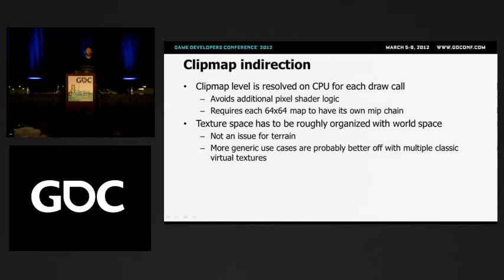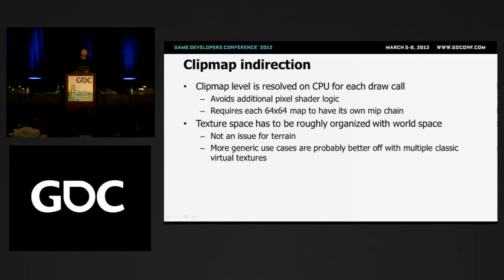So basically what we have is a stack of classical virtual textures on top of each other. We just select one with appropriate resolution for this particular draw call. We could resolve this in the pixel shader, but that would be an additional cost that we decided to not take.